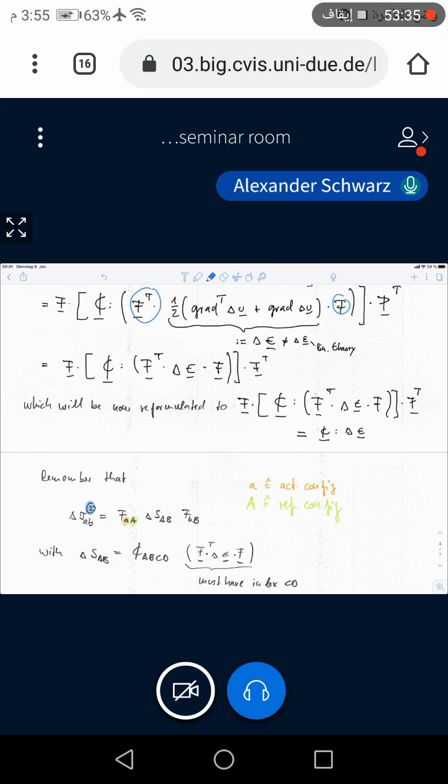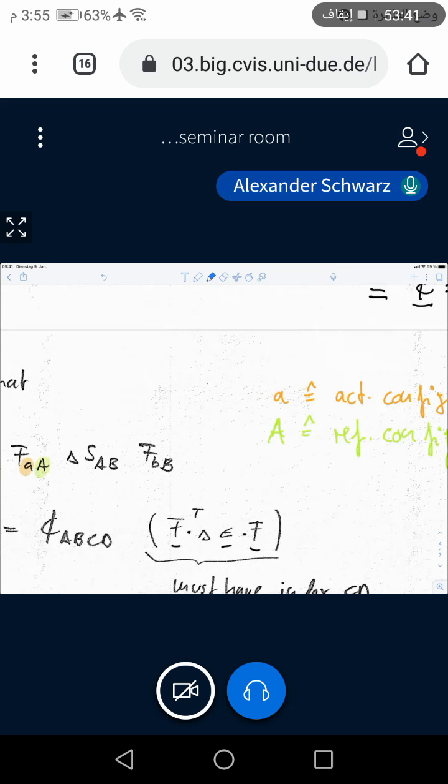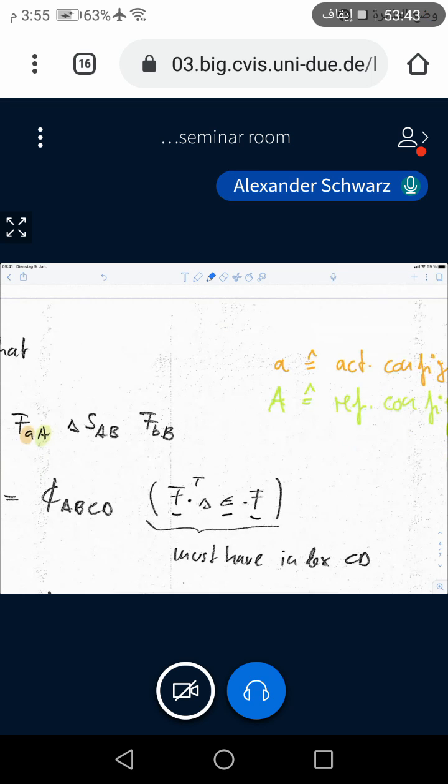If it's not the case, then it's not working. So take a closer look at that: we have to find out that this expression, F transposed applied on this new strain measure, applied on F, at the end has the index CD.